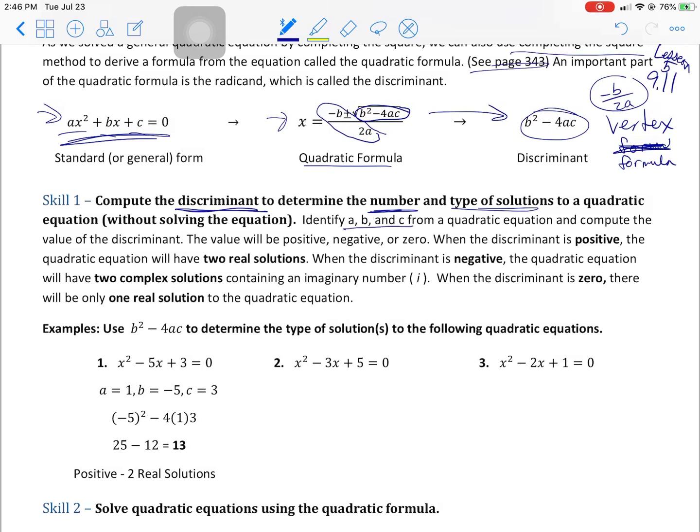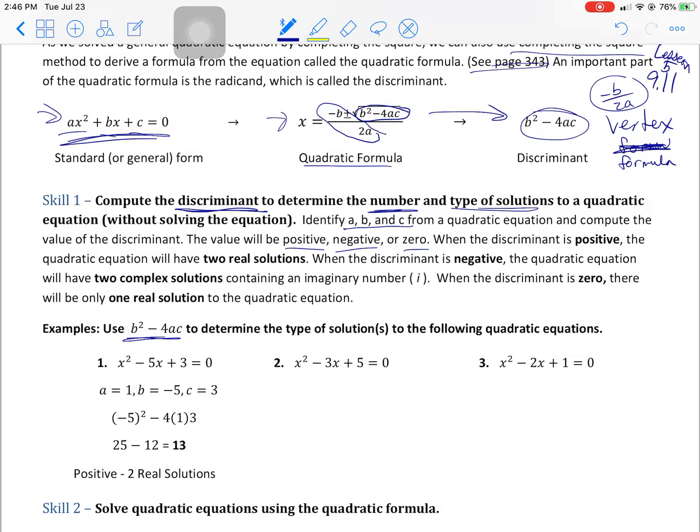So step 1 is always to identify, once it's in general form, what is your A, what is your B, what is your C, so you can use this formula here, okay? Calculate that out. When you get a value, it's going to either be positive, negative, or 0, right? You're going to get a negative 12, a positive 3, or a 0.